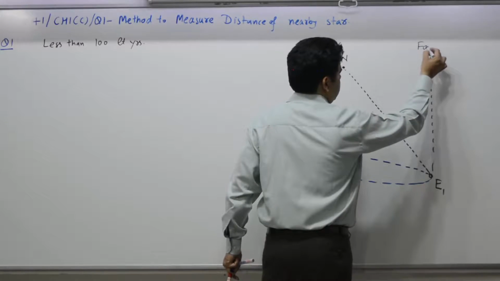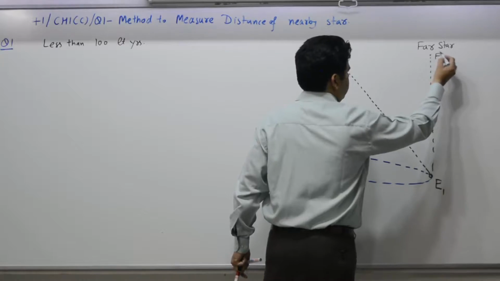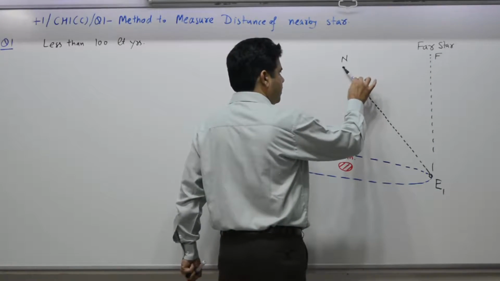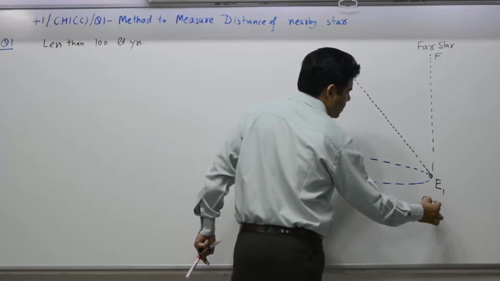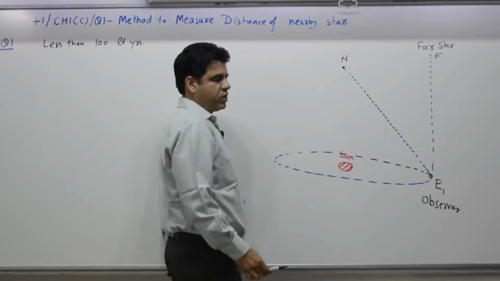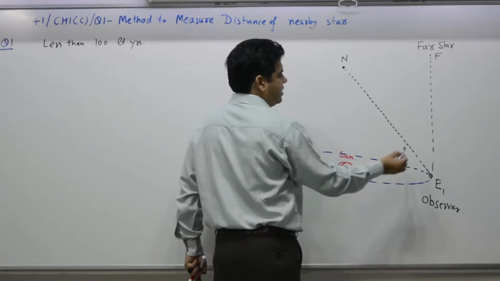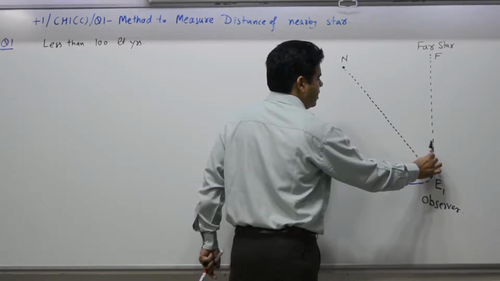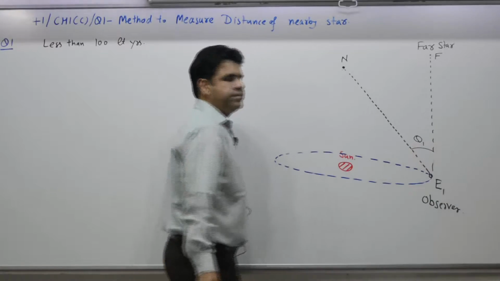So for the far star F, this is the original position where the observer is on Earth. The observer will see star N along this line and the far away star, and will measure this angle, say theta 1.